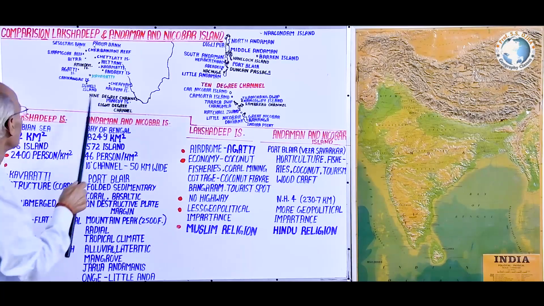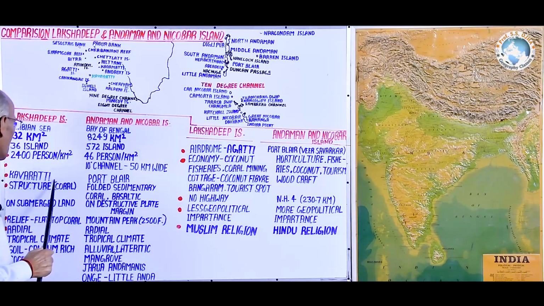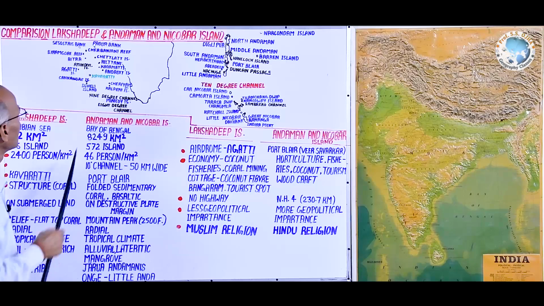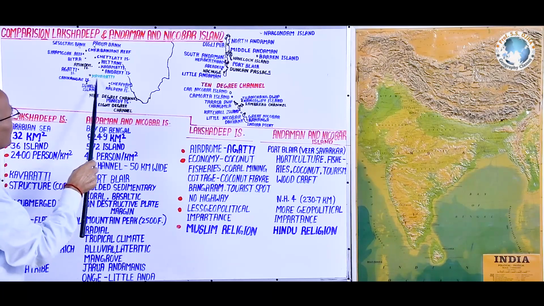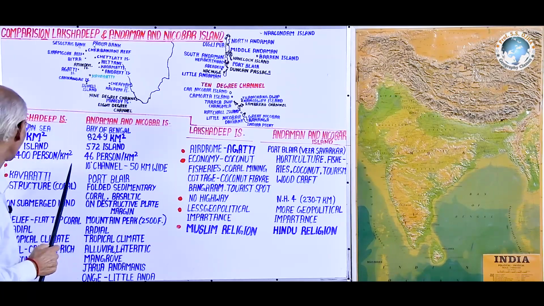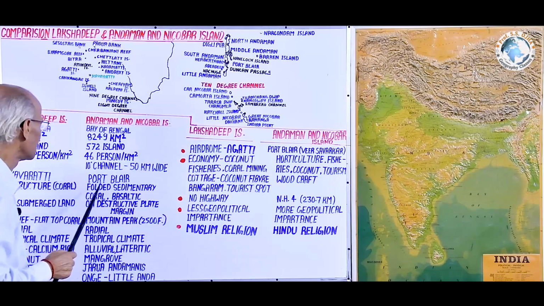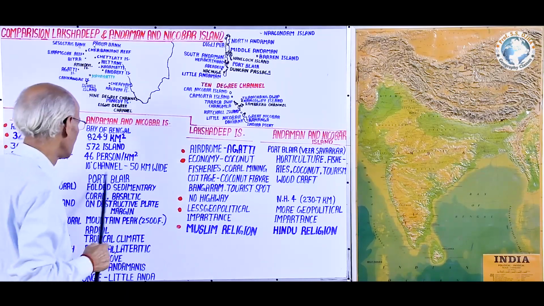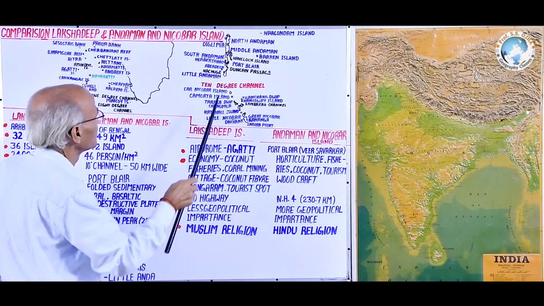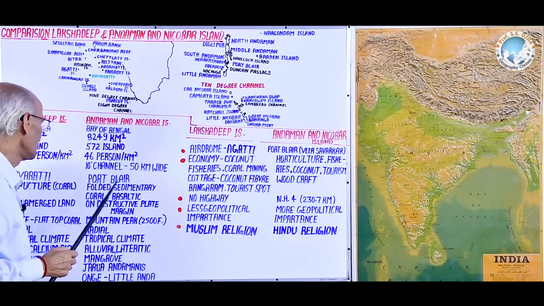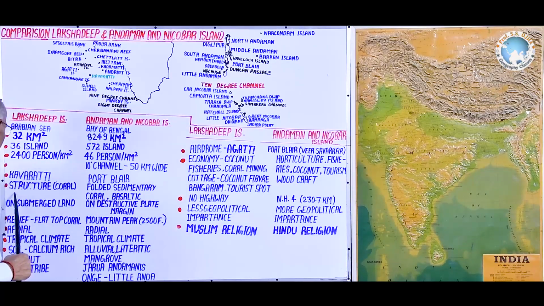Now, in Lakshadweep there is Kavaratti, the capital located in the center of the Lakshadweep group of islands. The capital or headquarters of Andaman and Nicobar is Port Blair. Next is the structural difference between the two, which was once asked in IES in 50 words.